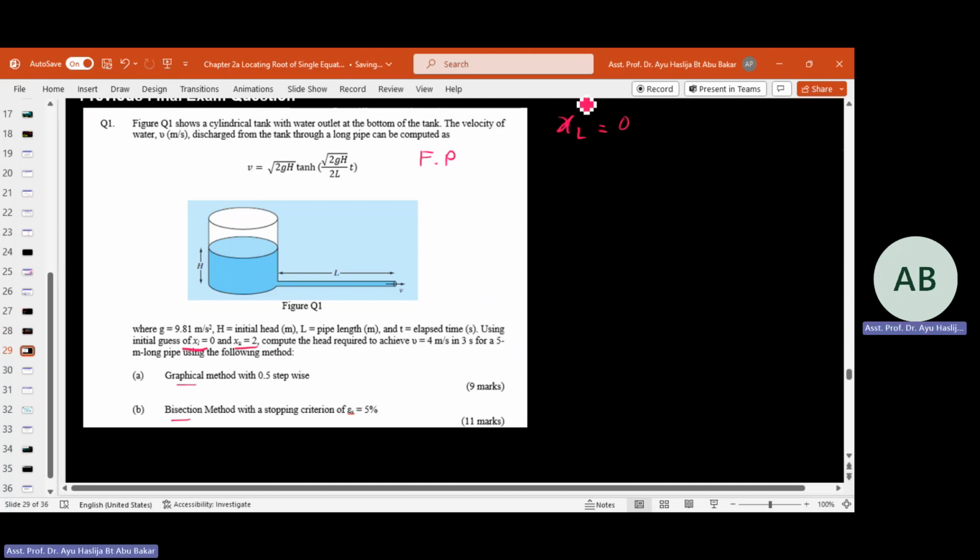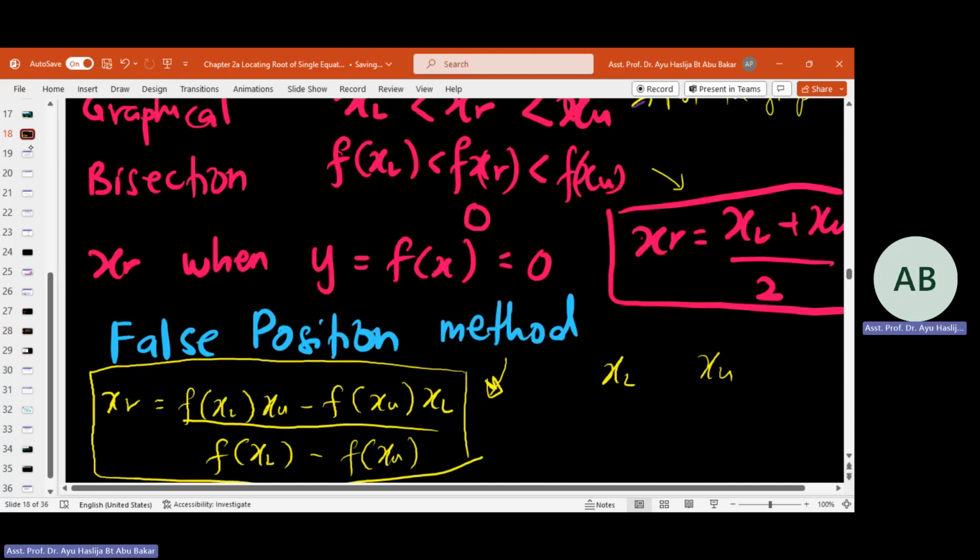XL is 0, XU is 2. Okay, so the equation from last time, the one you already obtained, you can copy back. Let me copy the equation back. Where is it?